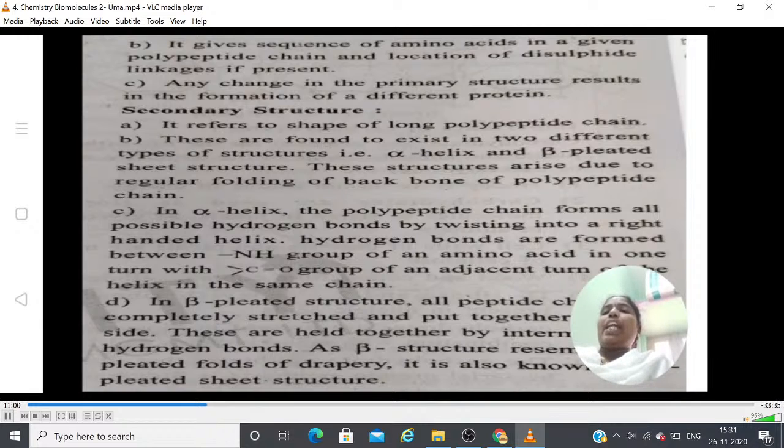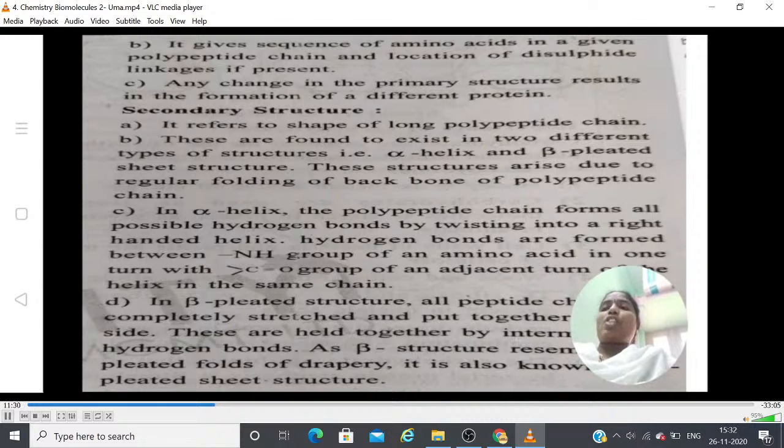Third point, any change in the primary structure results in the formation of a different protein. This is the primary level of protein structure.